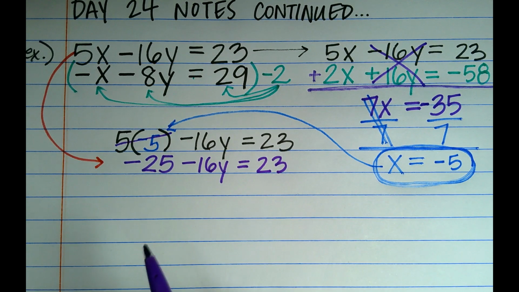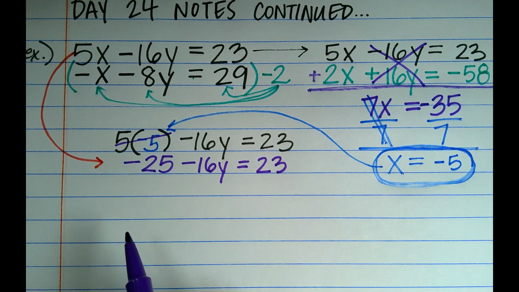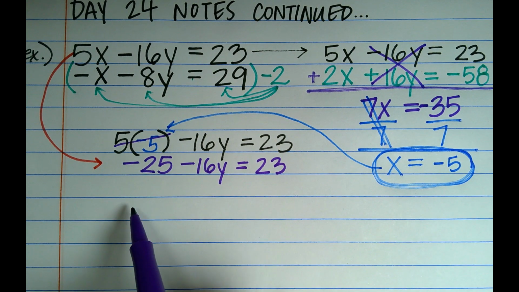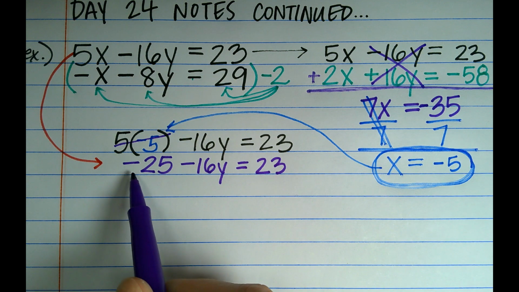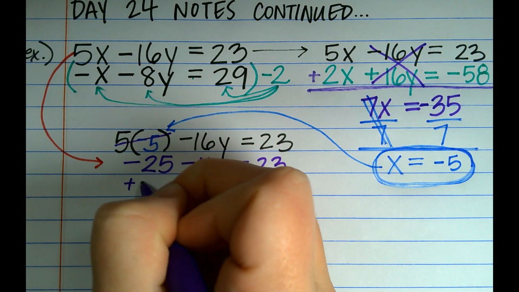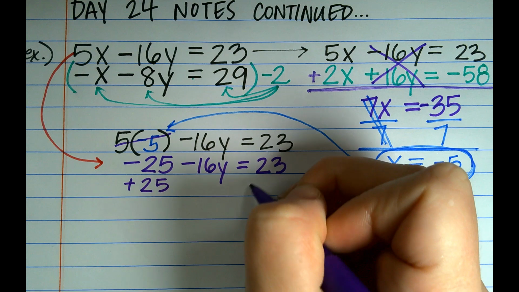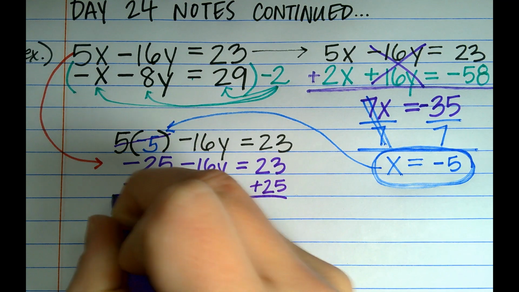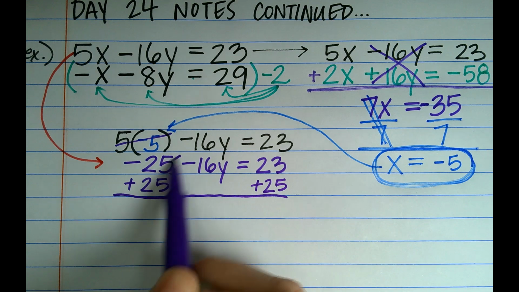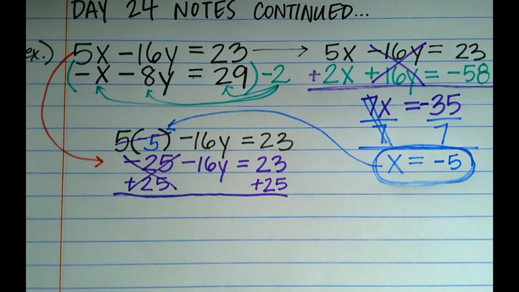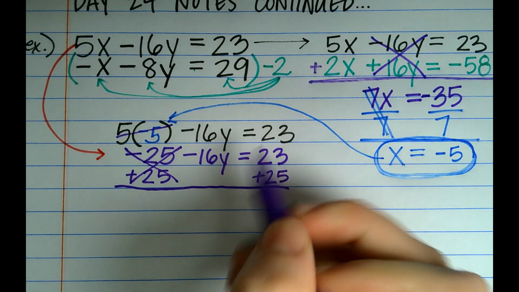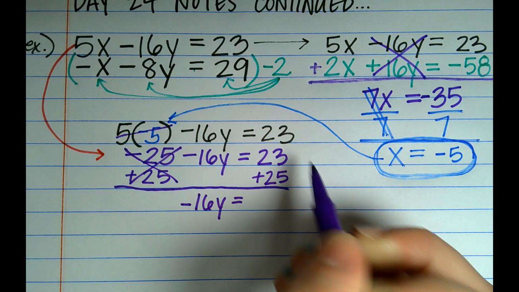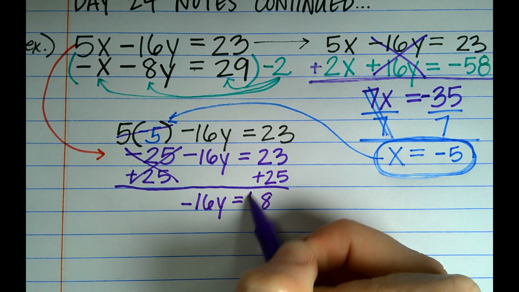What should I do next? So I'm trying to get rid of negative 25. How would I do that? Plus 25. Good. Plus 25 on both sides. And that will cause these to cancel. So I'll bring everything down. Minus 16y equals 48.